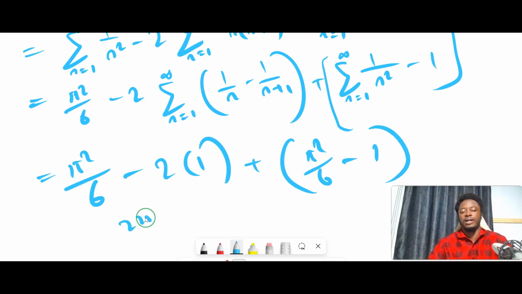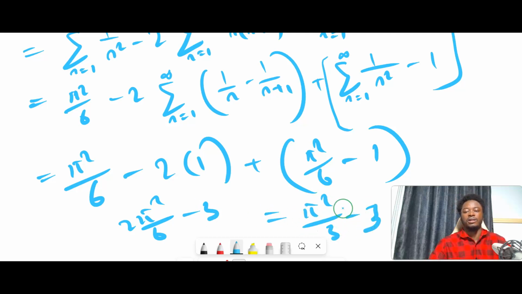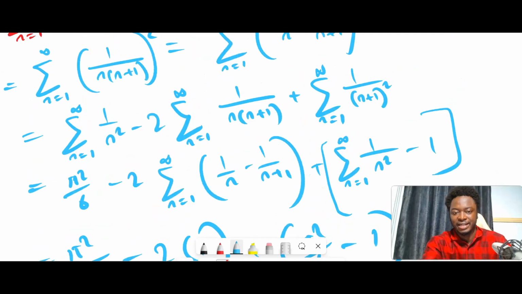For the telescoping series, everything cancels out, remaining 1, so twice of 1. So you have 2 pi squared over 6 minus 3, which is pi squared over 3 minus 3. That is the value of this problem.